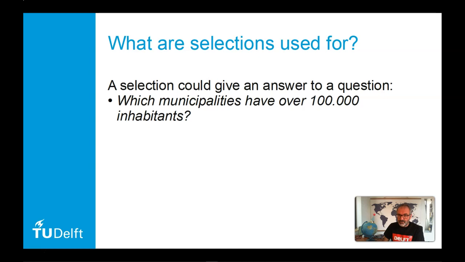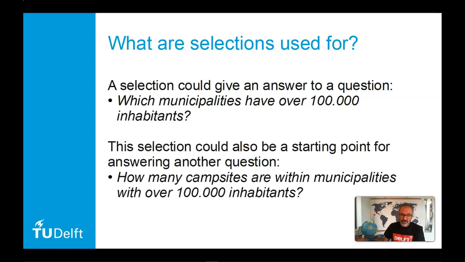This answer could also be the base for a next question. For example, if you have the municipalities with over 100,000 inhabitants, how many campsites are there in those municipalities? Those kind of questions can be answered by combinations of selections. So we're going to have a look at that.